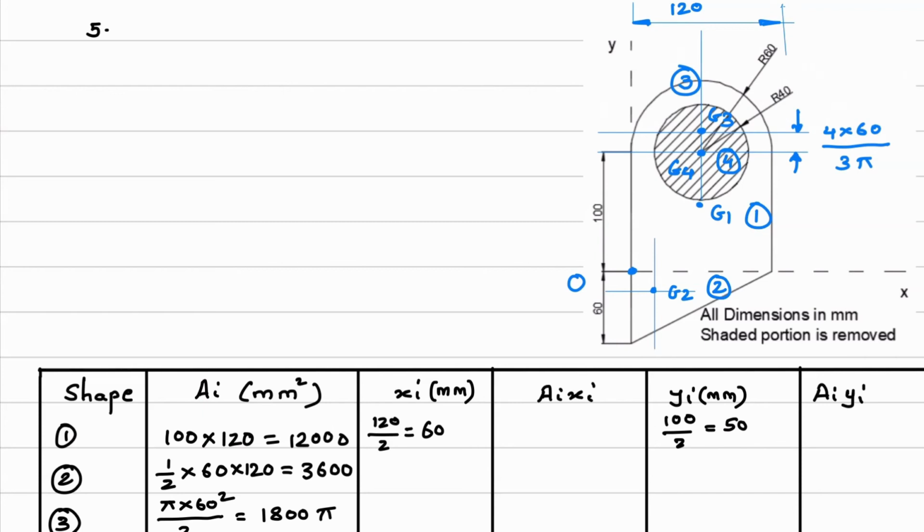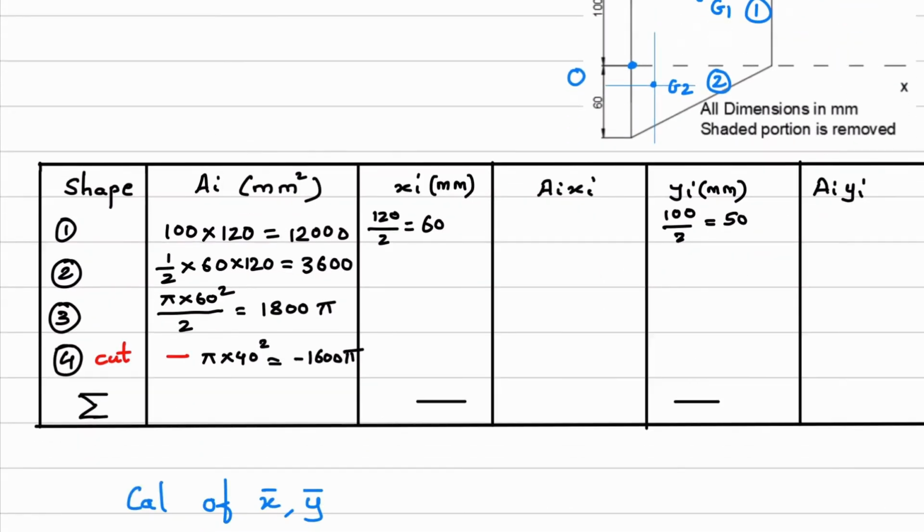Then we will consider second geometry, which is this right angle triangle. Now G2 is over here, we have to calculate x distance. So this will be x2. What will be x2? Hypotenuse is this one, opposite point of this hypotenuse is point O, and from here this distance will be 120 by 3 and this distance will be minus of 60 by 3. So we will write down x is 120 by 3.